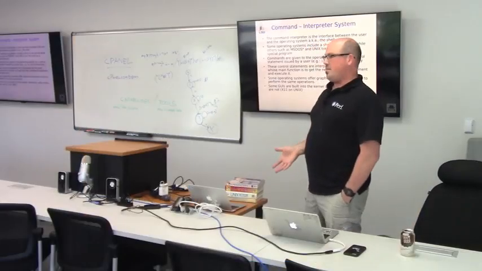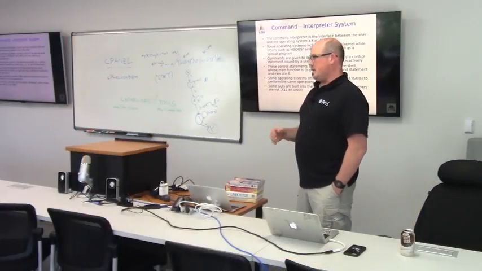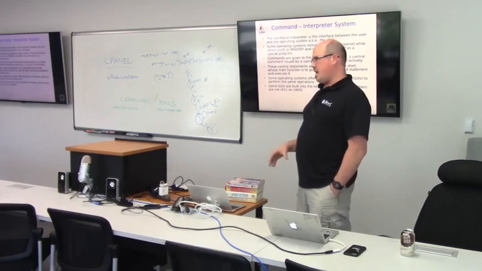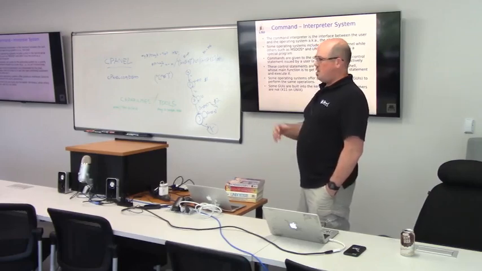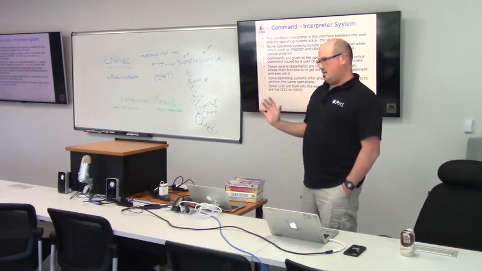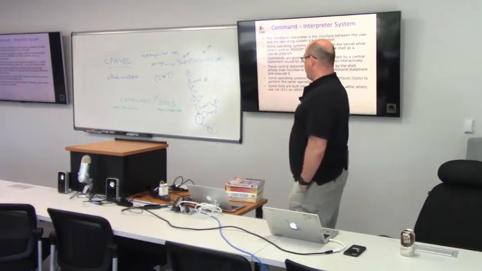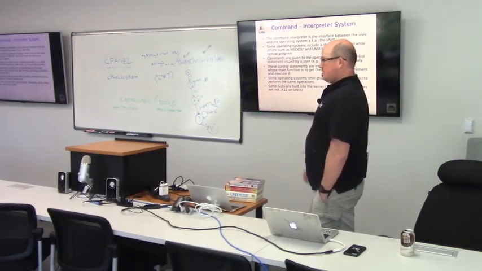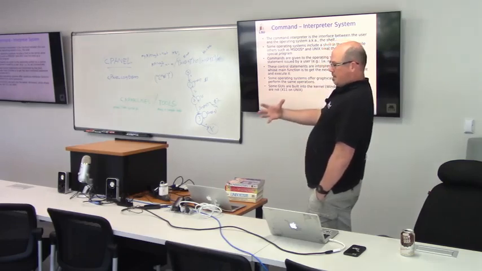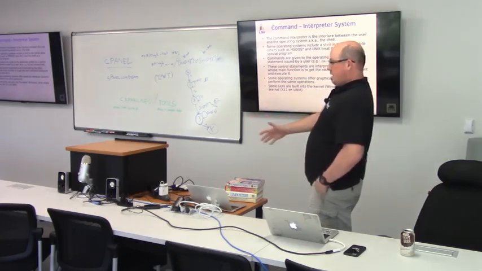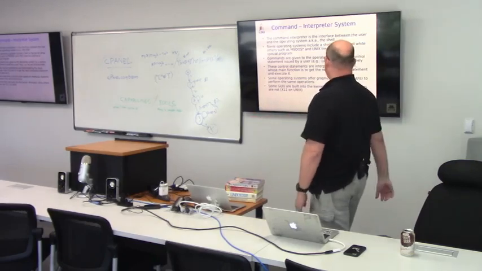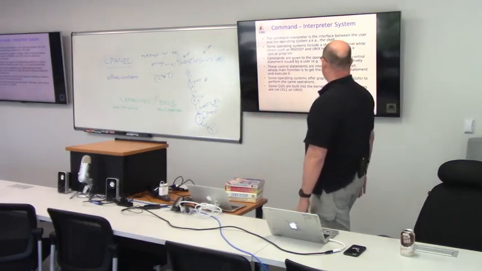If you've ever opened up the command window, you can type your commands and list your files and navigate the file system, run different commands to look at, say, what IP address is assigned to your network interface. Most operating systems have this interactive shell for you to talk to the operating system. So that's what I mean by this here.